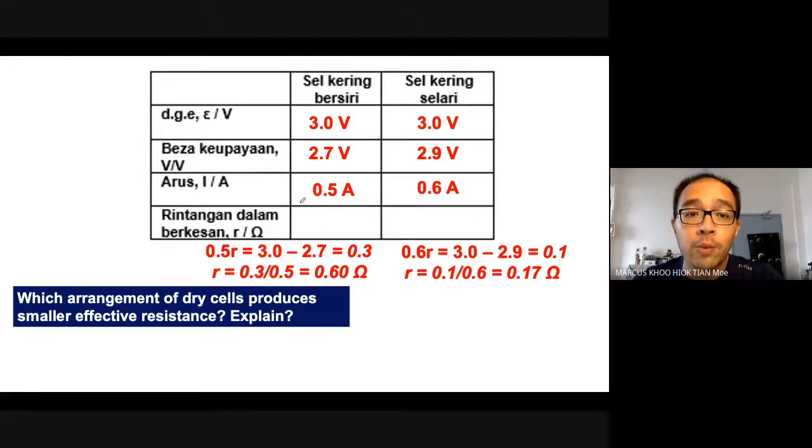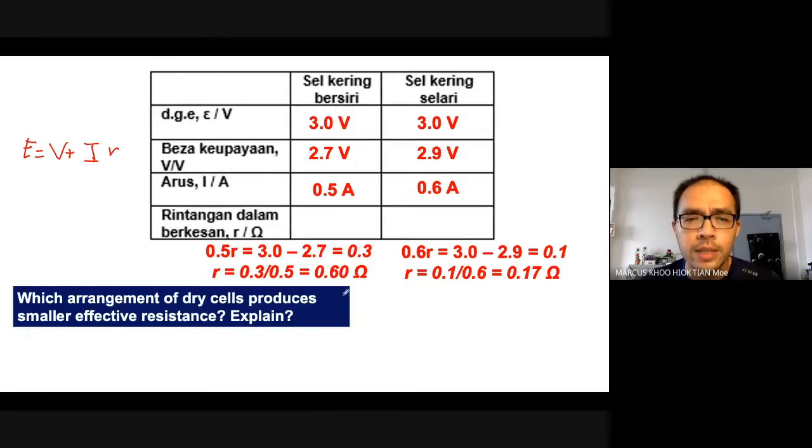Okay, and we find that the total internal resistance or the effective internal resistance in a series circuit, this will be the calculation. We use the same formula. Okay, E equals to V plus I R. So the E is given 3.